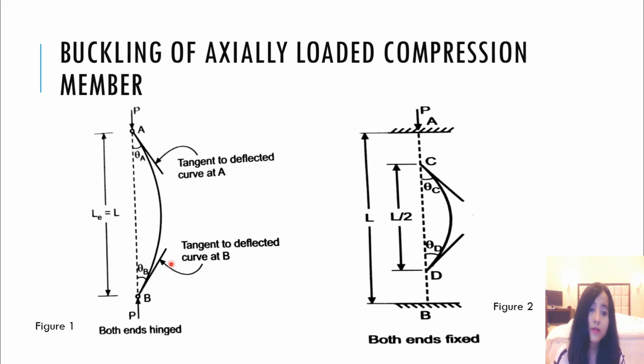And if the column is hinged at both the ends, it buckles over the entire original length. If it is hinged on both sides, then it will buckle over the entire length, the original length L. Okay, so hence in this case the effective length of the column and the actual length are one and the same.